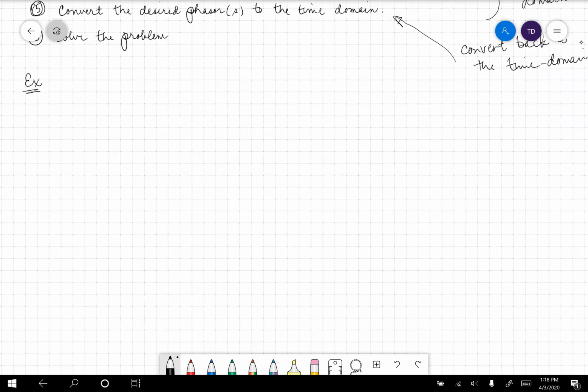So here's our first circuits problem. Ten cosine of 2t.